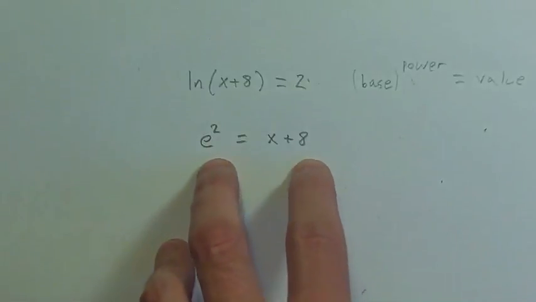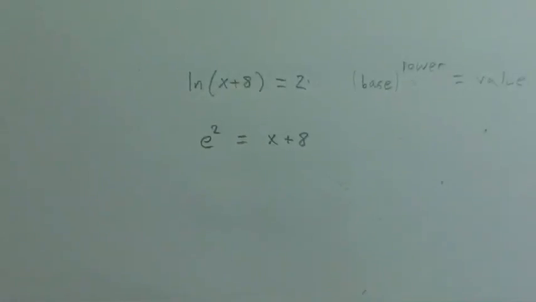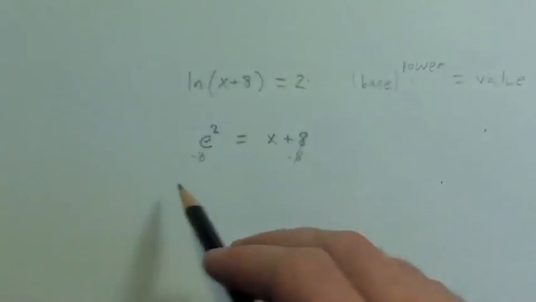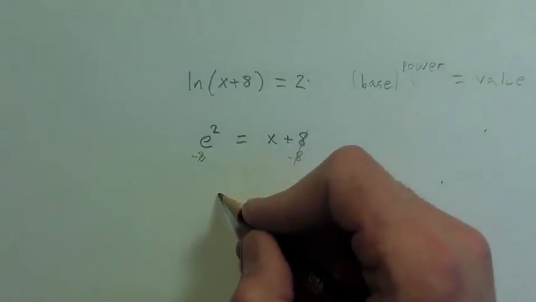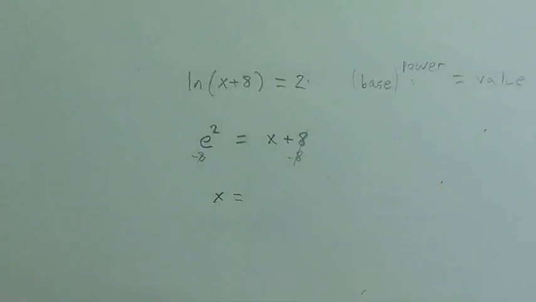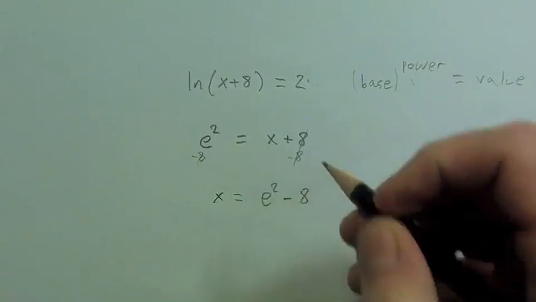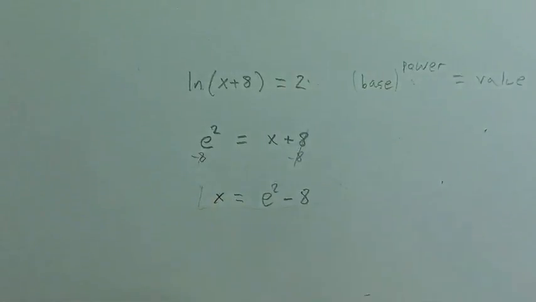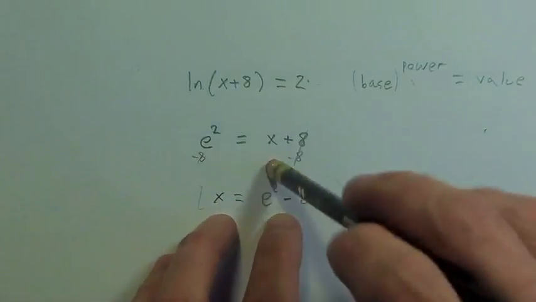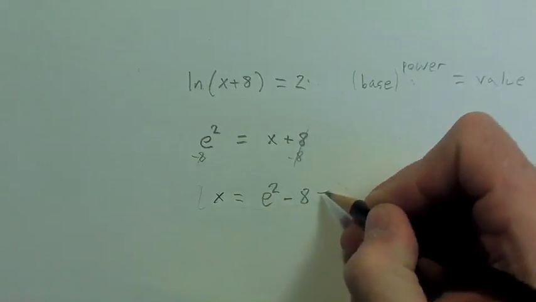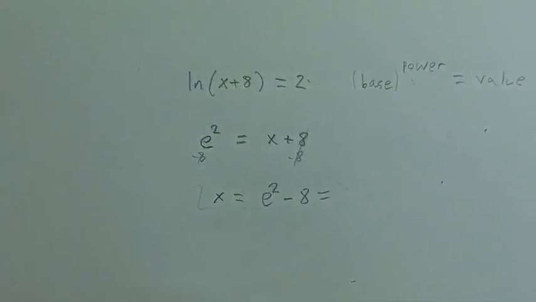And to solve for x, I'm just going to subtract 8 on both sides. Now, that's not necessarily going to be a nice number. I'll flip things around. So this will be e squared minus 8. That doesn't come out to be a nice number necessarily, but we could still figure out what that is.